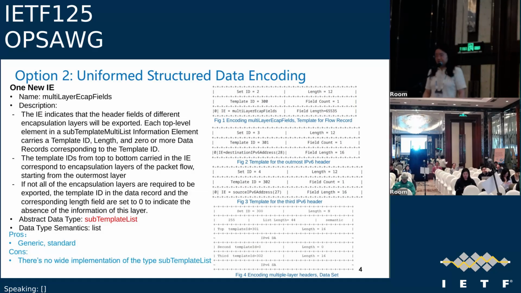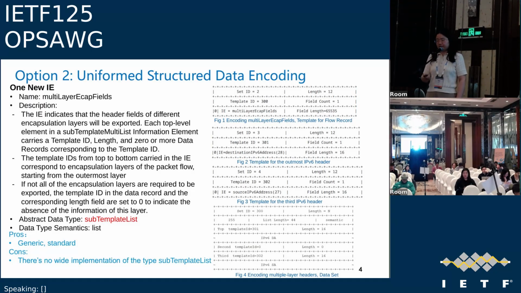Then in the data set, you include the template ID of the top layer and the 3rd layer. The template ID of the 2nd layer you just set to 0 to indicate absence of the information of the 2nd layer.